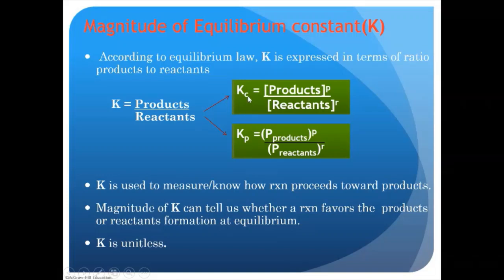So Kc is equal to the concentration of the products, power of their coefficient, over the concentration of the reactants, power of their coefficient. As for Kp, it is equal to the partial pressures of the products, power of their coefficient, divided by the partial pressures of all reactant components, power of their coefficient.